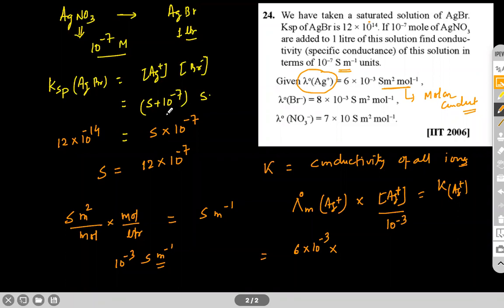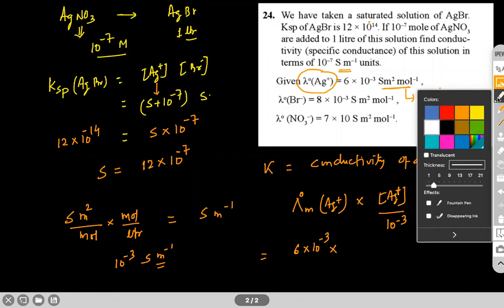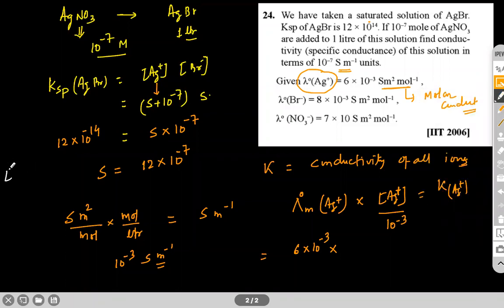In fact, if you find out the total concentration of Ag plus, right, that would be S plus 10 to the power minus 7. So if I write down here, concentration of Ag plus would be S plus this. So we'll have 13 into 10 to the power minus 7. Concentration of Br minus, that is S only, 12 into 10 to the power minus 7.